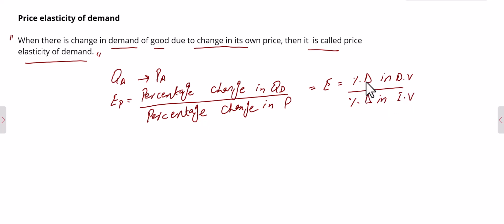Here this sign is delta, and delta means change. Here DV is our quantity demand, the dependent variable, IV is the independent variable which is price. So we can further explain this formula.